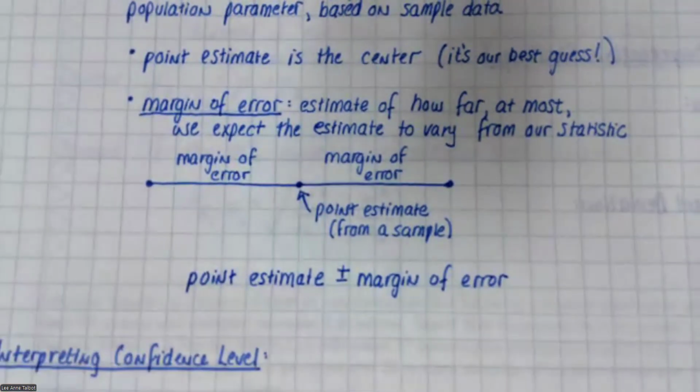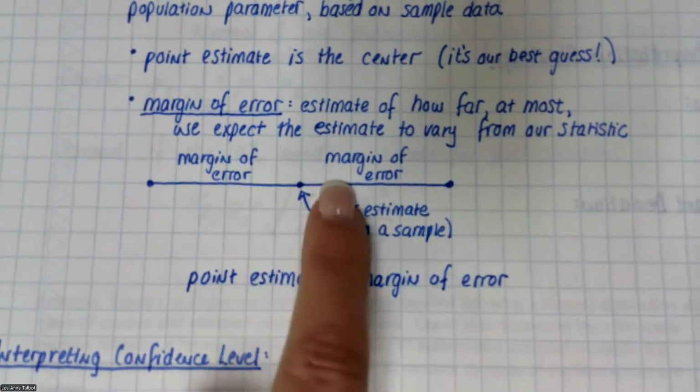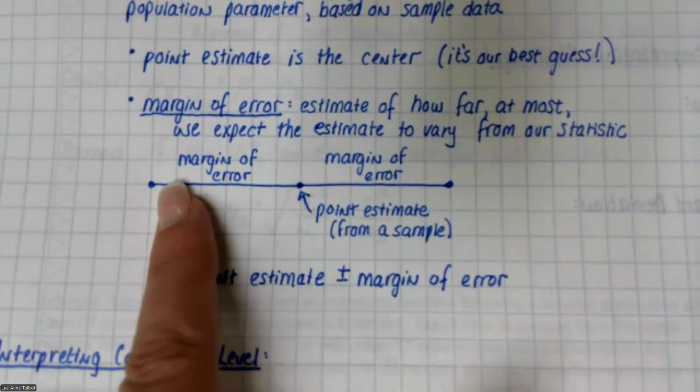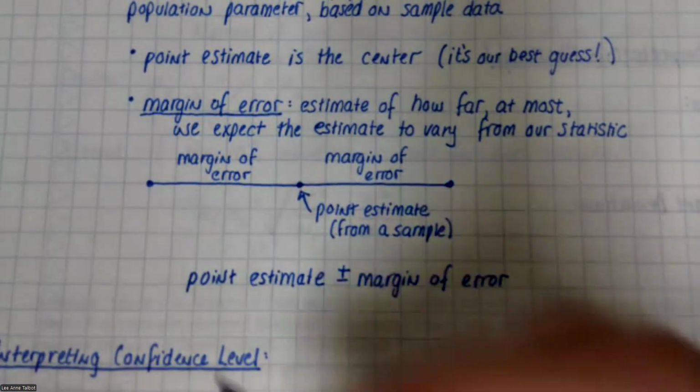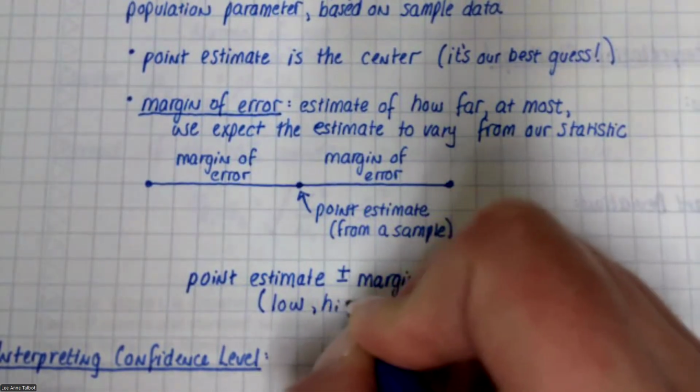The point estimate is the middle plus or minus the margin of error. And sometimes you'll see it that it looks like a coordinate.